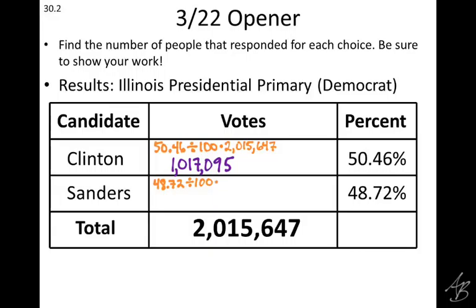And then times the total number of voters, which was the 2,015,647. And we type that into the calculator and get what? When we type that into the calculator, we get 982,023.21. And again, we have the same problem.